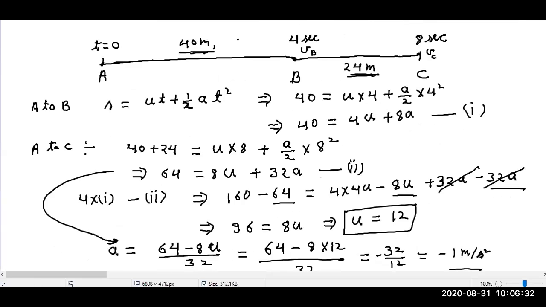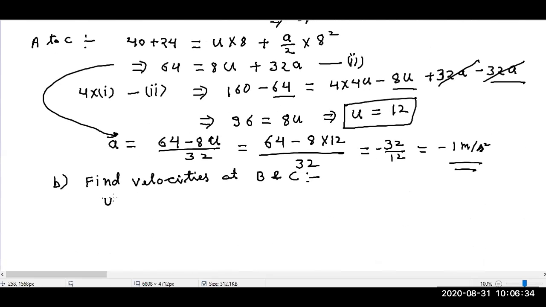For this we are going to use the formula v square minus u square equal to 2as. Suppose we want to find at B. So velocity at B square minus u square. u we have calculated, that was coming 12.